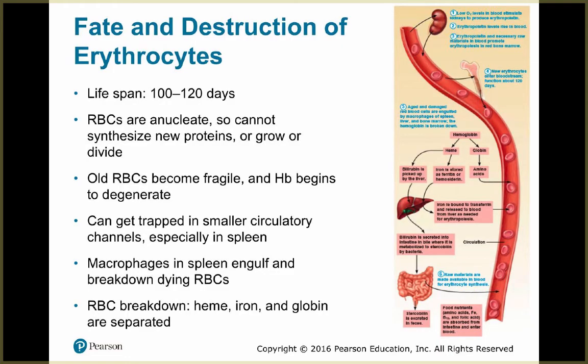So if you start here, you get basically low O2 levels in the blood, stimulate the kidneys here to produce EPO. EPO levels rise in the blood, and essentially erythropoietin and necessary raw materials in the blood promote erythropoiesis in the red bone marrow.